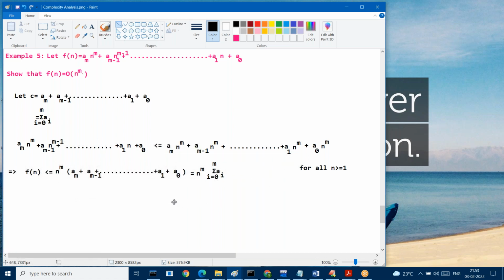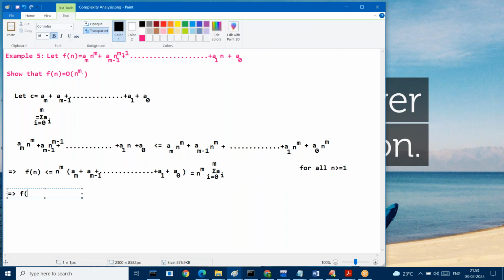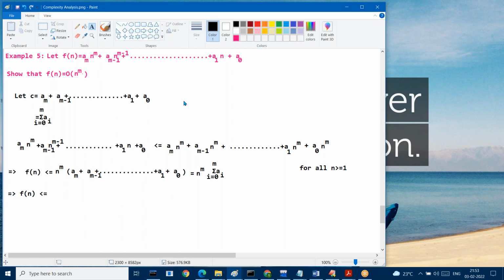That means now what I can conclude, sir, very simple. F of n is less or equal to this part, sir.